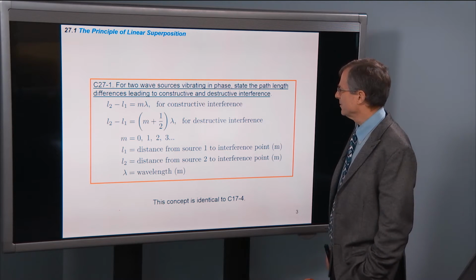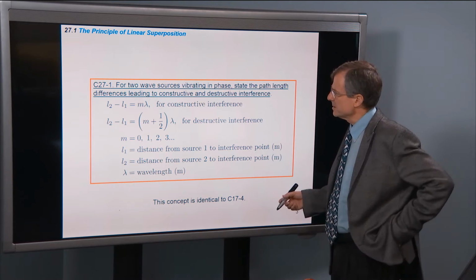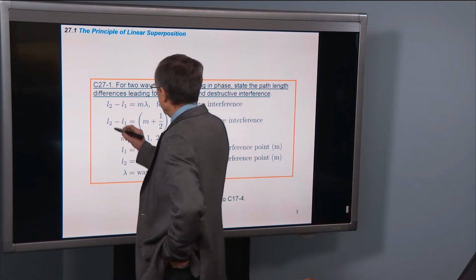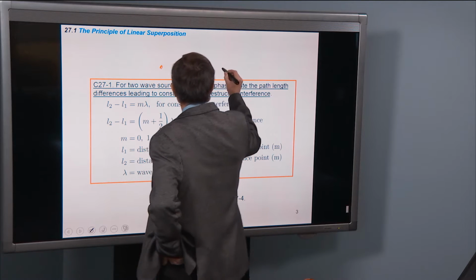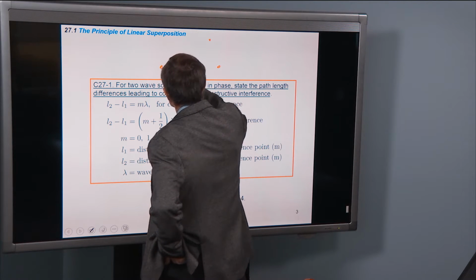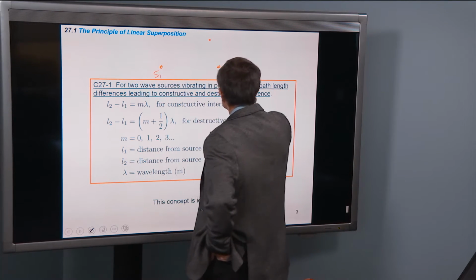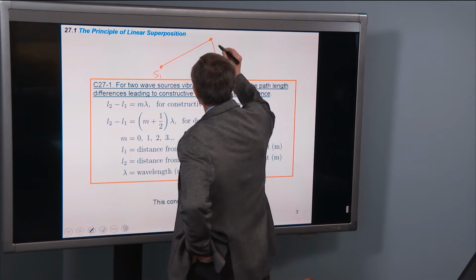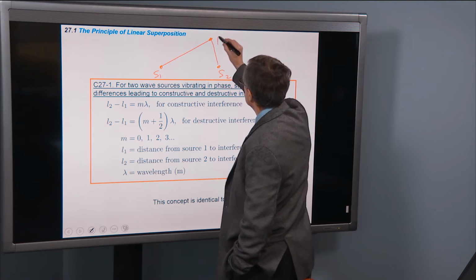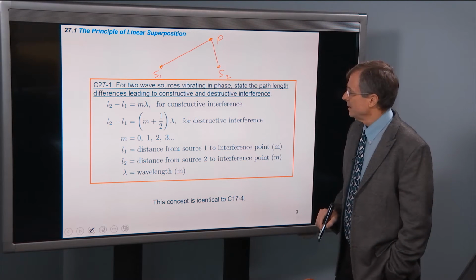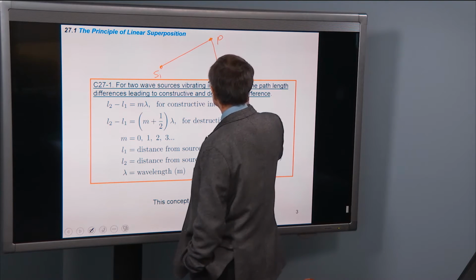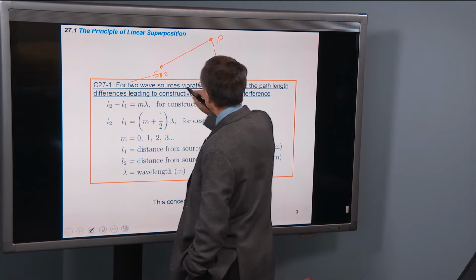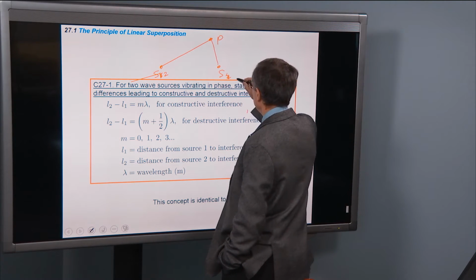27-1. For two wave sources vibrating in phase, state the path length differences leading to constructive and destructive interference. If we have a source here and a source here, and we're interested in the interference at this point P, then what matters is, by convention, usually we have the longer path being 2 and the shorter path being 1.